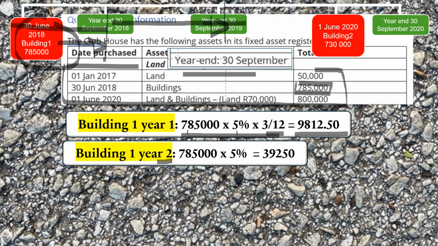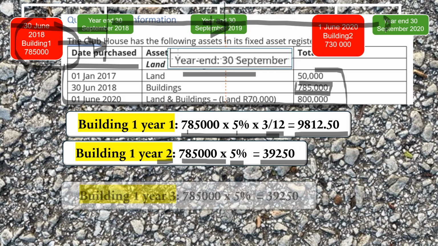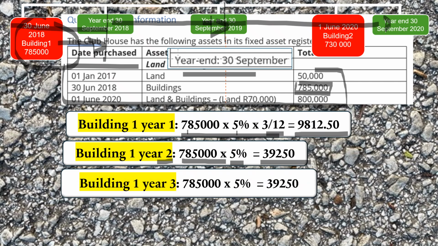Year 2, 785,000 times 5% equals 39,250. Year 3, full year. So that's the accumulated depreciation for building 1, but they want all buildings, land and buildings.